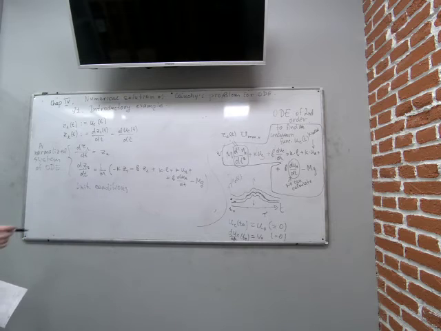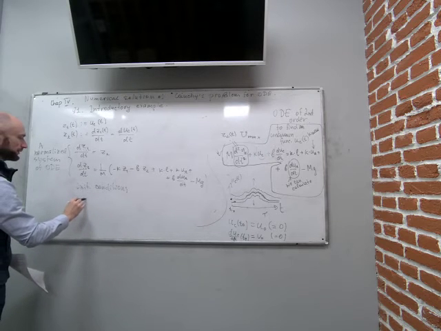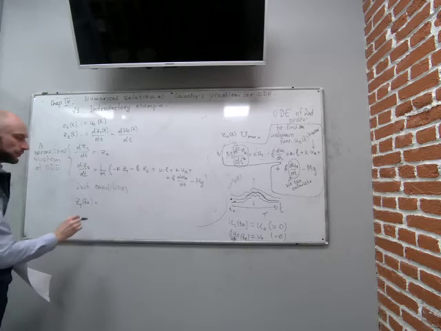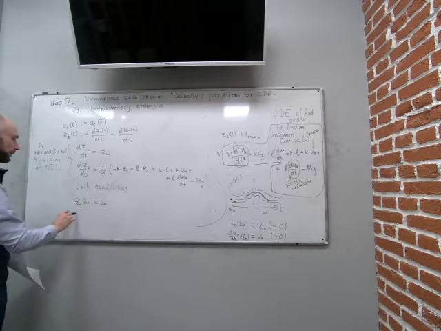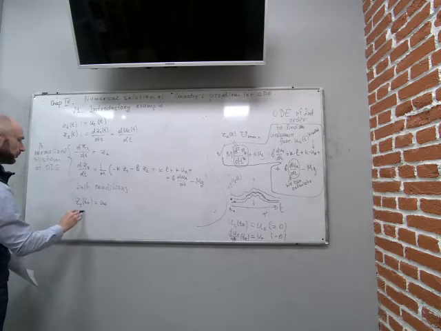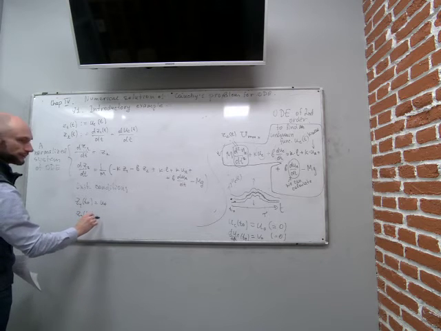What is going to be? z1 of t0 is equal to u0, and z2 of t0 is equal to v0.